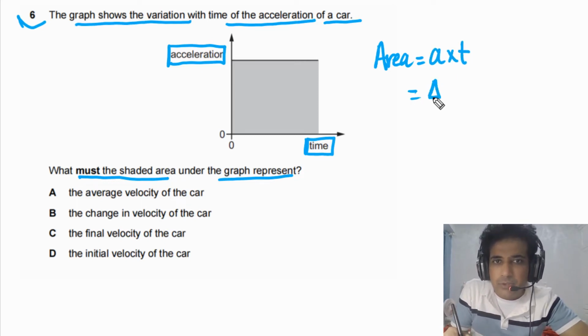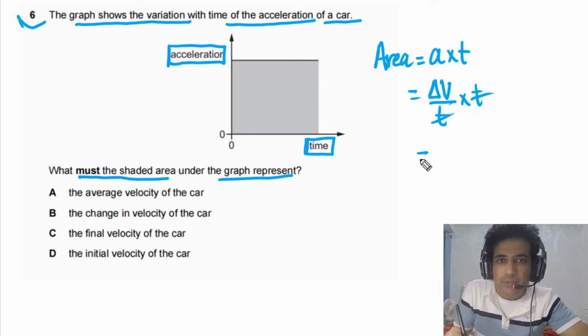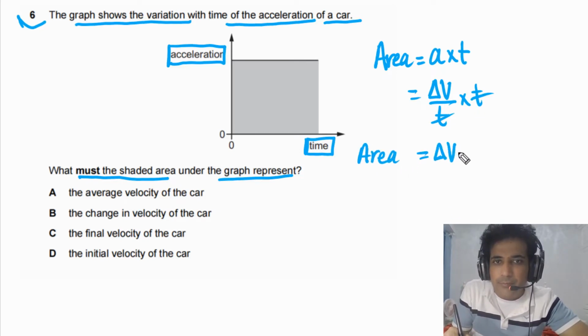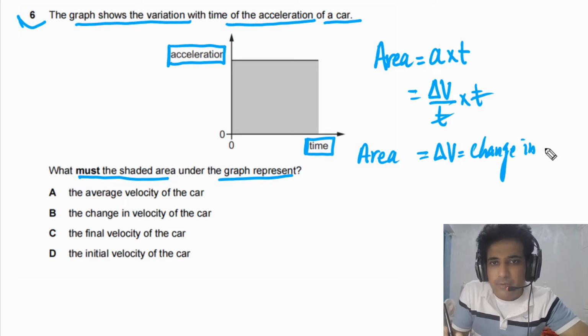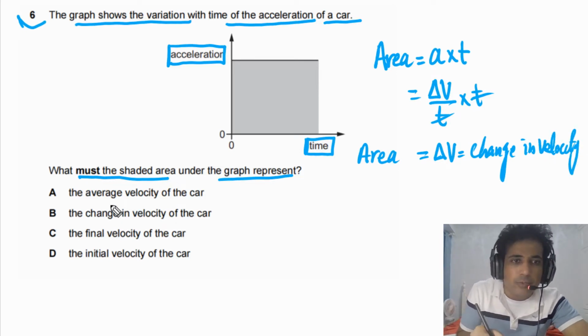But acceleration is equal to change in velocity over time, times time. So time cancels with time. So area is equal to delta V, which is the change in velocity. So the area under the a-t graph represents change in velocity. Now if you look at the given options, the answer will be B.